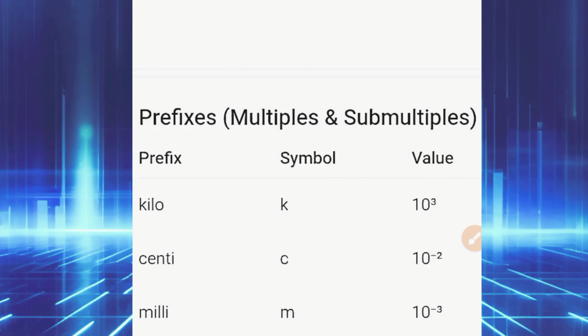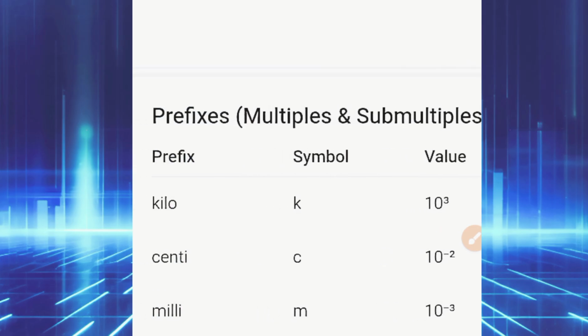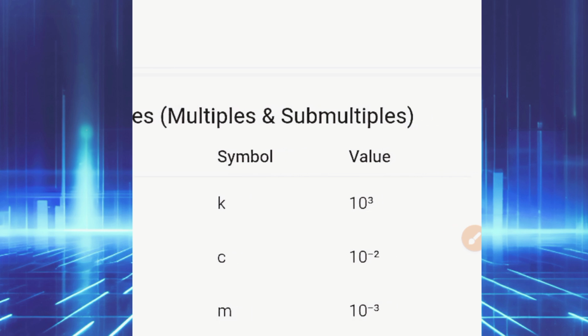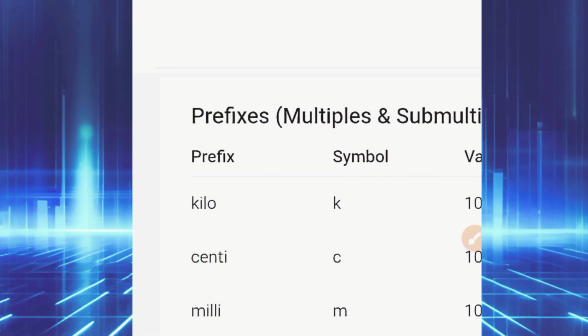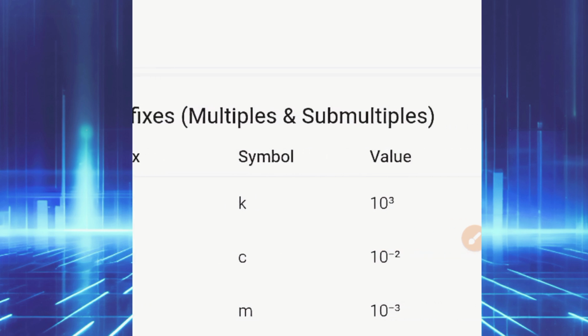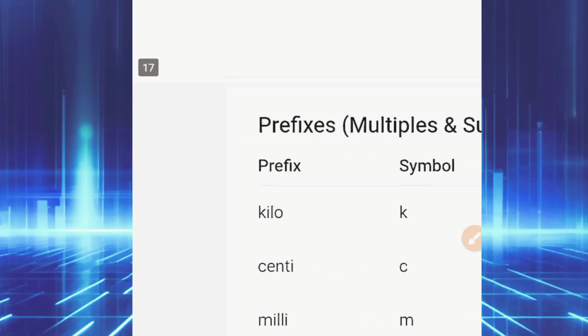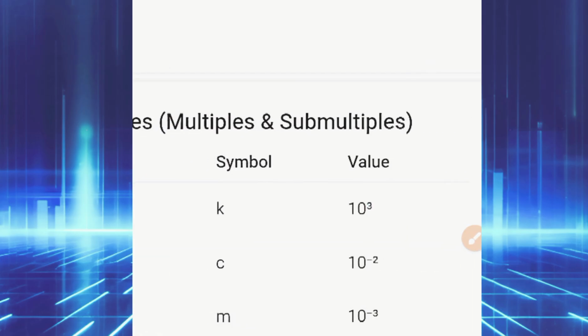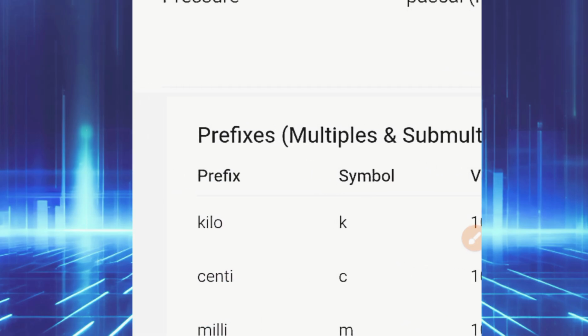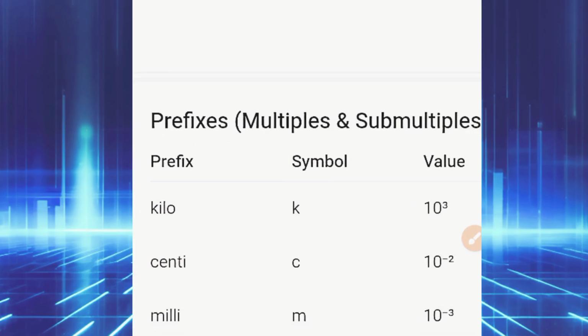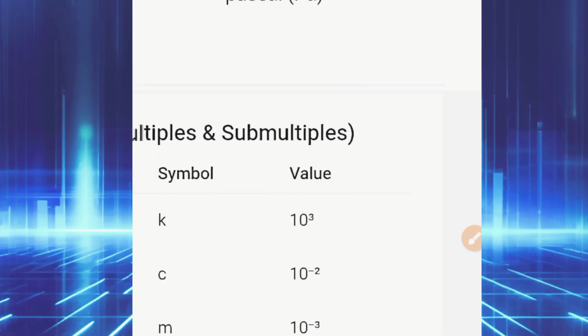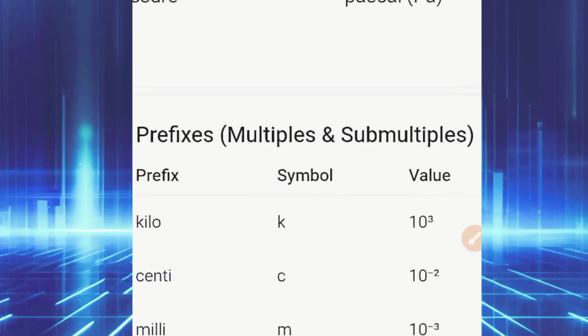Another one we talk about is centi, which is 10 raised to power minus 2. Another one is milli, m, 10 raised to power minus 3. Micro, the symbol looks like u, is 10 raised to power minus 6, and mega, M, is 10 raised to power 6. We also have nano, 10 raised to power minus 9.